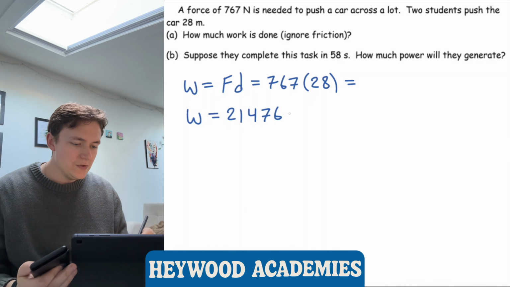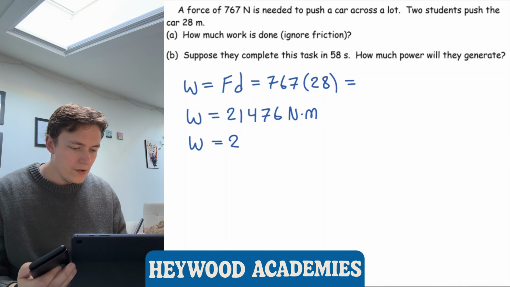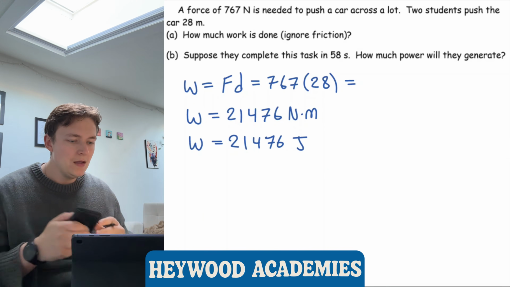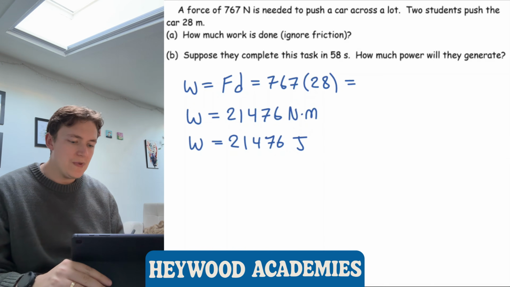Now the units for this was we had newtons times meters. That's newtons times meters is the same thing as a joule. So our work will be 21476 joules.